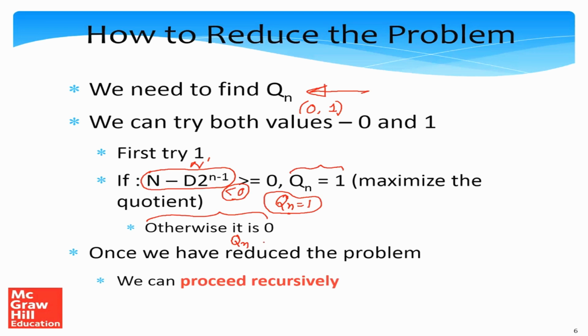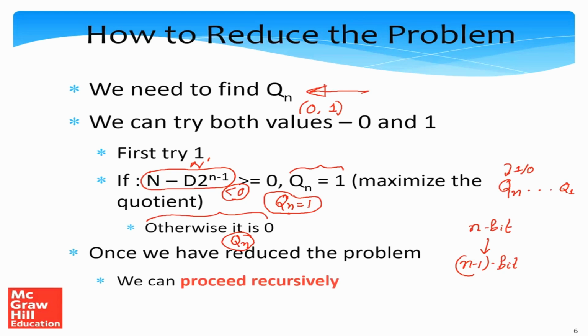Alright. So what we have done is that we have thus computed Qn, and we have also reduced the problem. The problem was initially to compute an n-bit quotient. Now we are computing an n minus 1 bit quotient, right? So how are we doing that? We considered the quotient to be an n-bit number. We made two guesses for Qn. One guess was 1, the other guess was 0. With 1, we tried to see whether the problem still remains valid if we make a guess of 1.